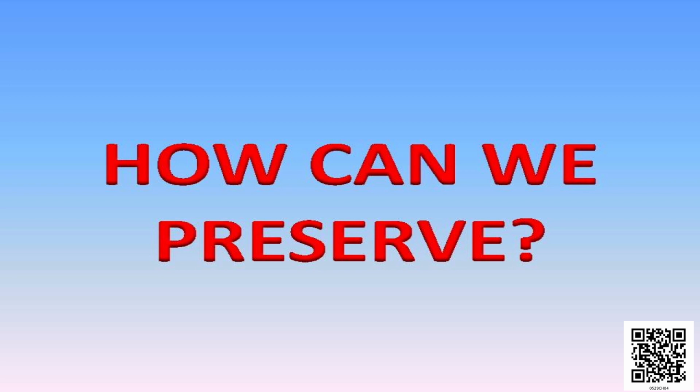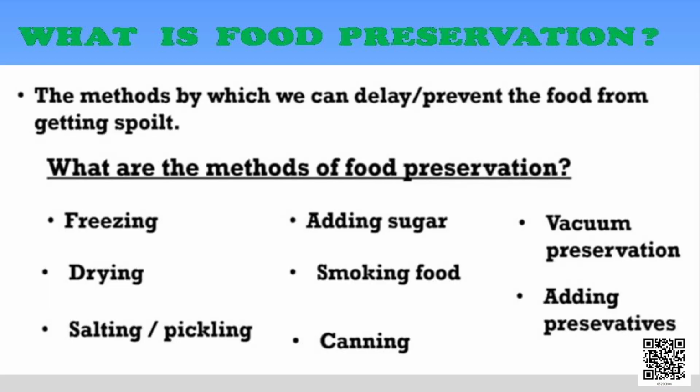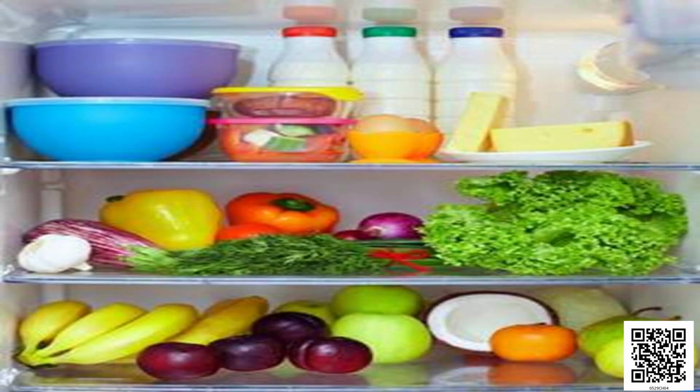First, let me tell you about how in our day-to-day life we can preserve food. It is simple, all of you through the pic can understand what I am going to say, that is through refrigerator. Not only these fruits and vegetables, but you can also see from here many curries were being kept and many milk bottles were kept, and this way many other things were also kept.